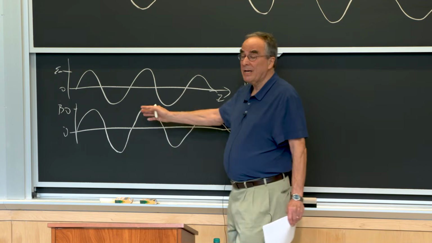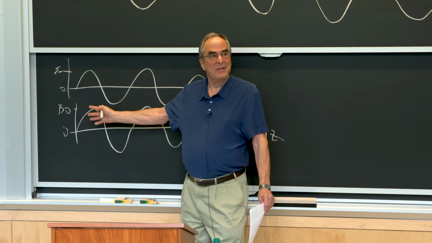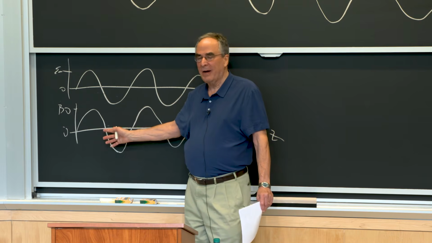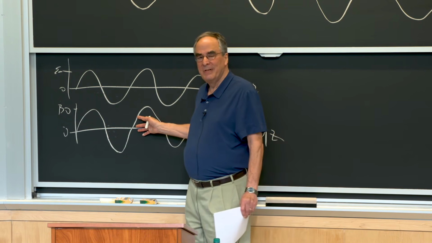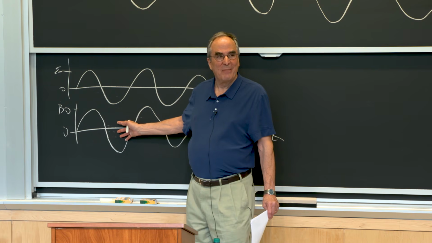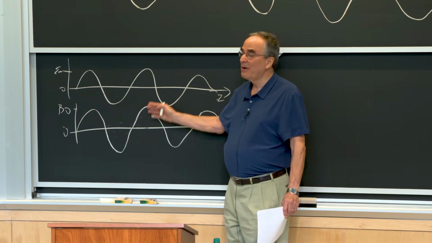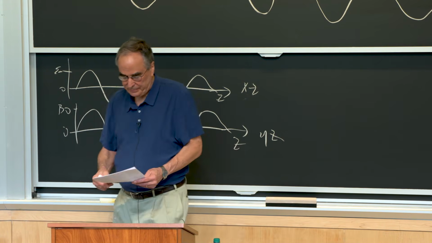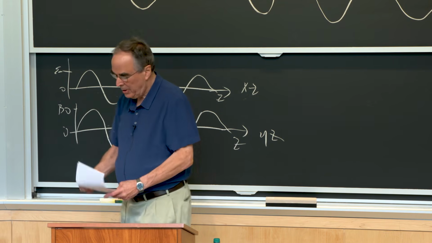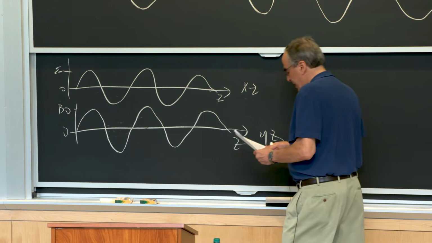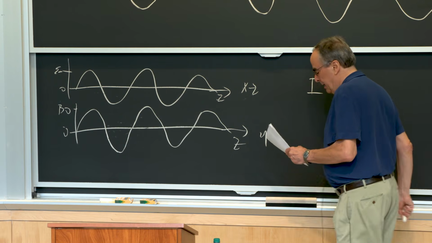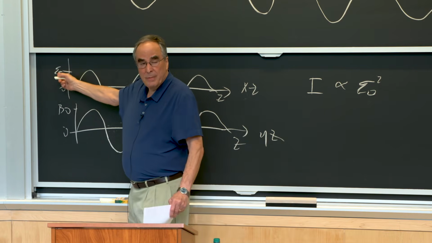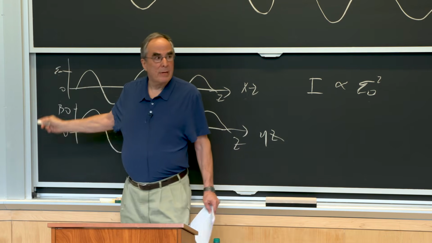It's kind of hard to draw a transverse electromagnetic wave, but there's an electric part and a magnetic part. For the most part, I forget about this. In magnetic resonance, this is the only thing you care about, but they're both part of light. So we have these waves, and the intensity of the light is proportional to E0 squared, the electric field squared.